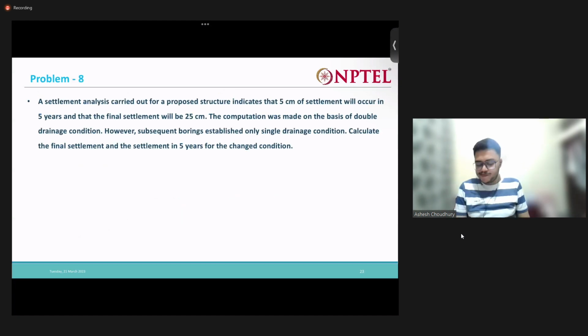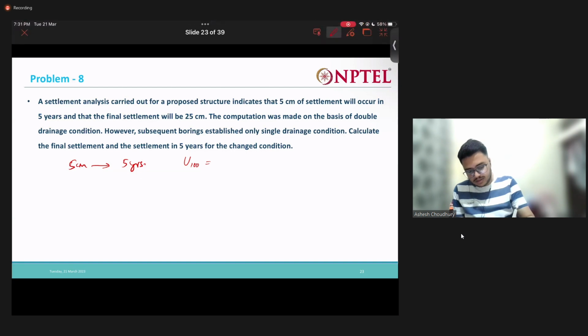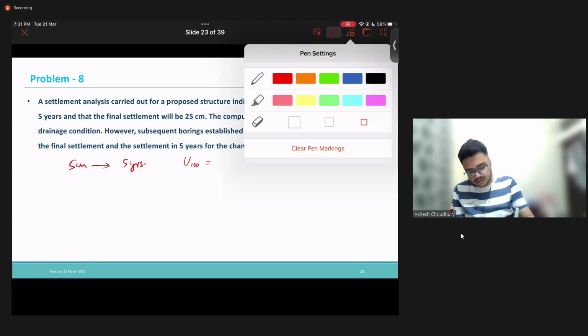Okay, the next problem. A settlement analysis carried out for a proposed structure indicates that 5 centimeter of settlement will occur in 5 years, and the final settlement is 25 centimeter.